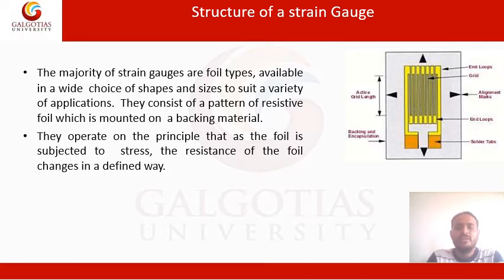When the material gets deformed, the size of the resistance wire also changes. With the change in the length, shape and size of the wire, the resistance of the wire changes. Thus that can be quantified as the change in resistance.